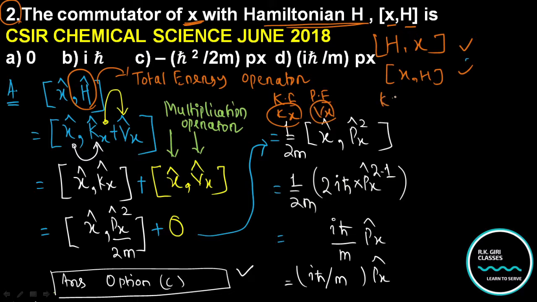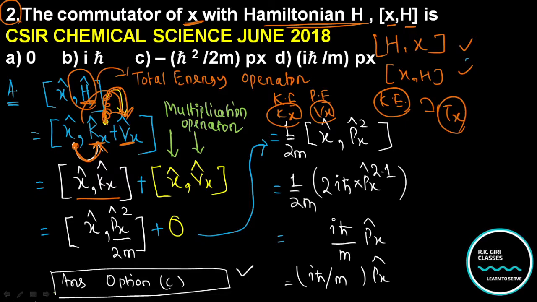But initially in question number 1, it was represented like p. No issue. That means this H can be represented like this, K plus V. There is a formula there, that is [x, K] and [x, V]. Sorry, this is wrong.